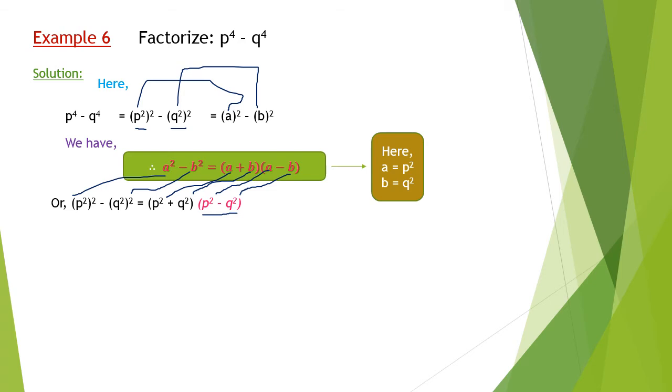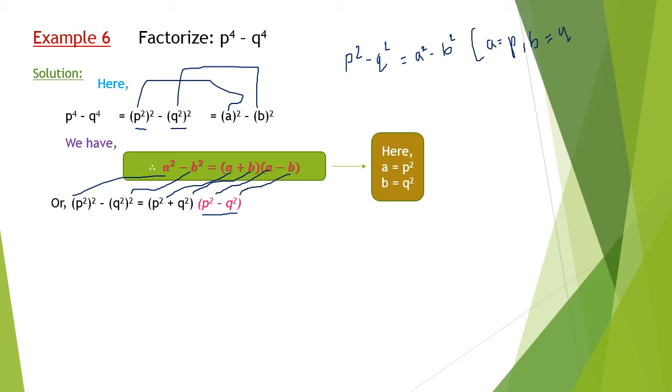If we select this part only, p square minus q square, what we get is a square minus b square. So our a will be p and b will be q.